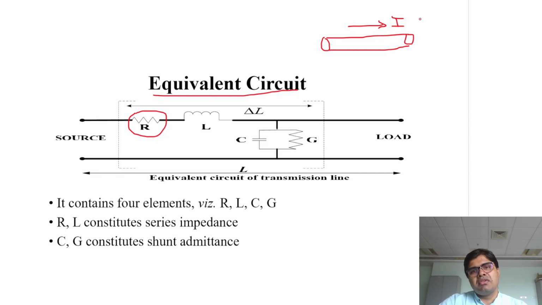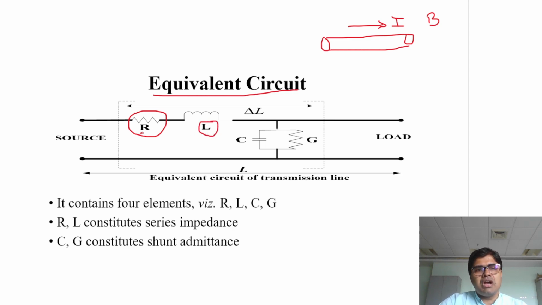Proceeding further, if a current is flowing, a magnetic field will be set up. Due to that magnetic field, a flux will be set up, and in order to account for that flux, an inductance is represented.